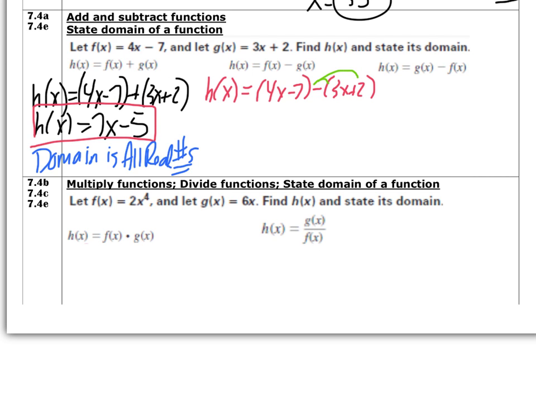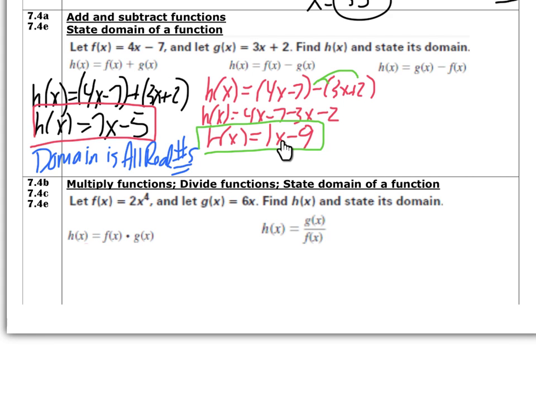So let's distribute that to both and see what we get. So that means h of x is equal to 4x minus 7 minus 3x minus 2. When you add your like terms, it's 4x minus 3x, which is 1x. Negative 7 minus 2 is negative 9. So our final answer here is 1x minus 9.